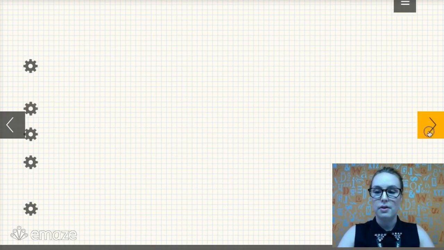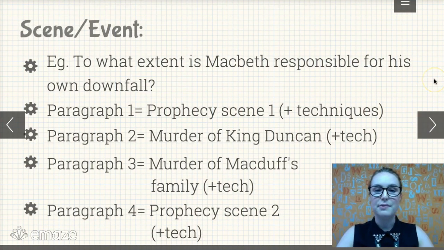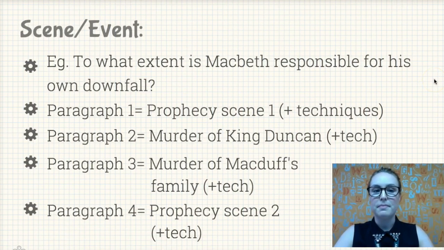Alrighty. Scenes and events. This is definitely another way that you can explore an essay question, such as this one. To what extent is Macbeth responsible for his own downfall? Really common question when you are analysing Macbeth, and often causes a lot of tension among students.